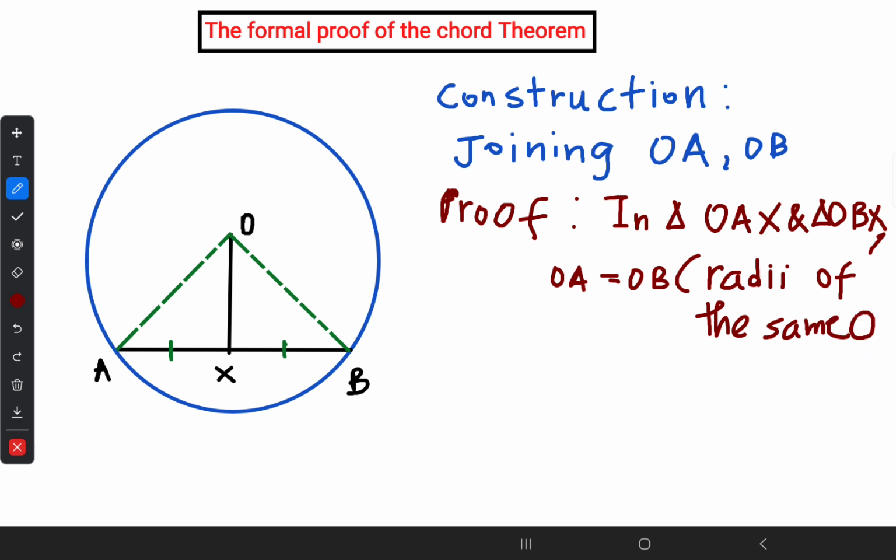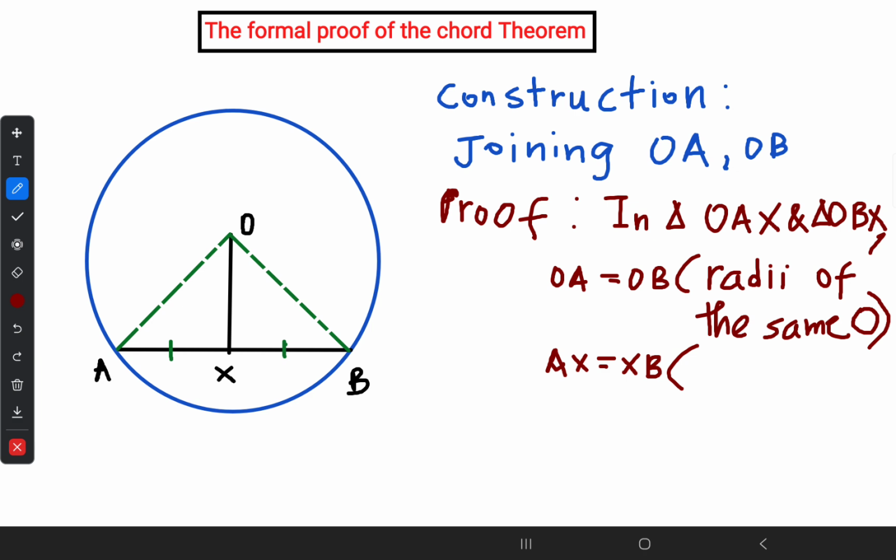Next, this is a circle. Next one, AX equals XB. How are these two the same? Because in the data they were given. If X is the midpoint, the total AB would be bisected by X. AX equals XB.